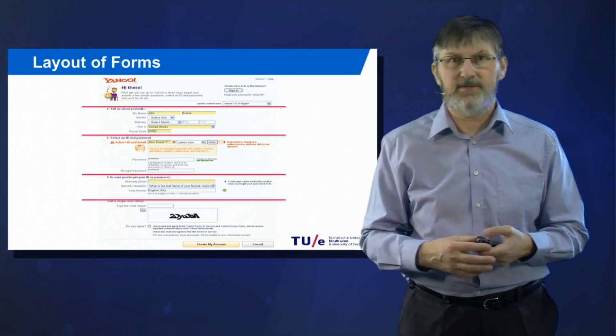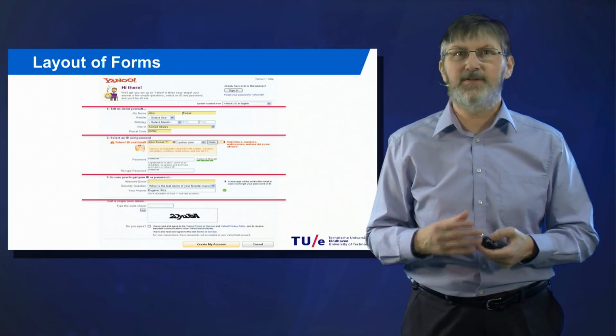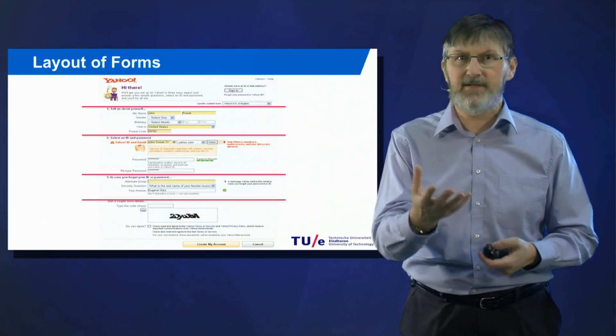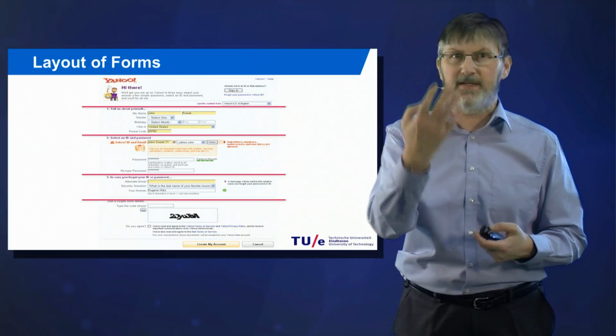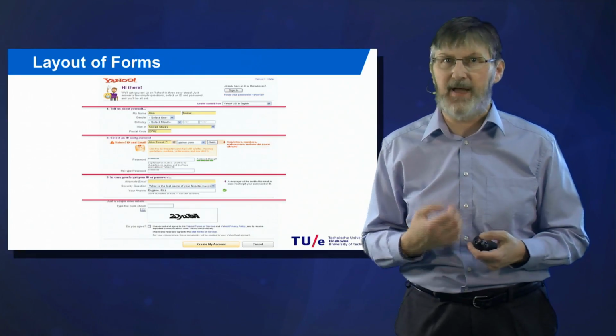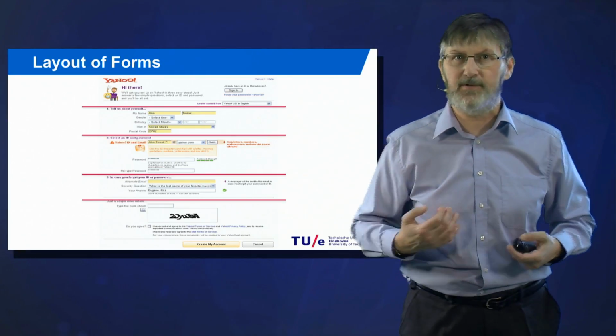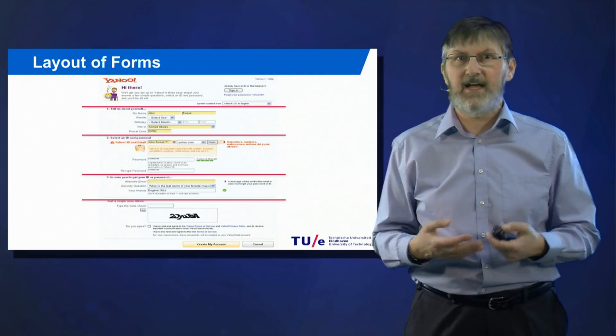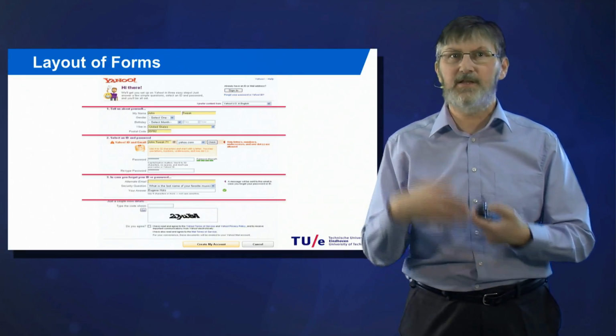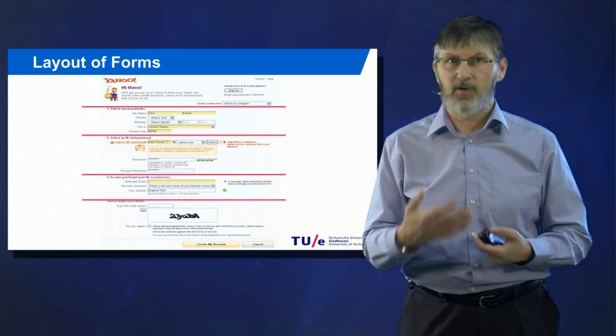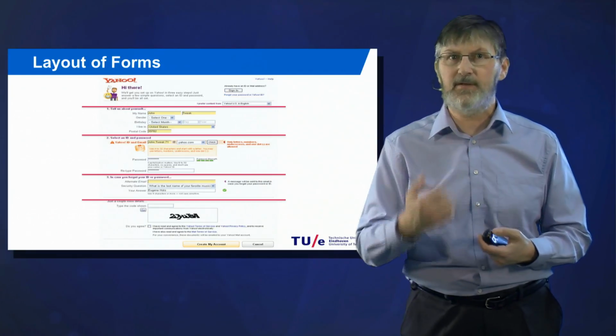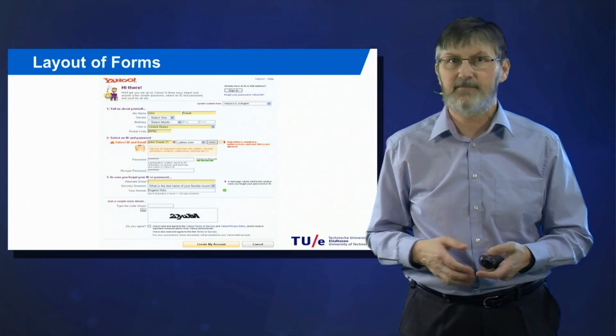Also, what is perhaps not that clearly visible is that there are mandatory and optional fields, and the mandatory fields have a different background color than the optional fields. Such aspects of the form should be clearly visible by looking at the form without even reading any of the text.